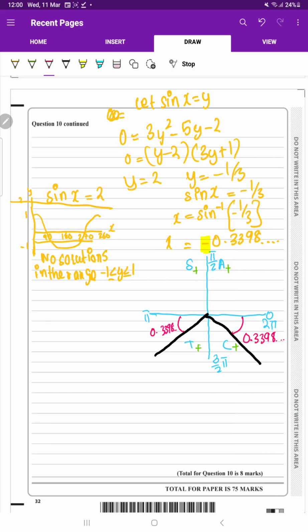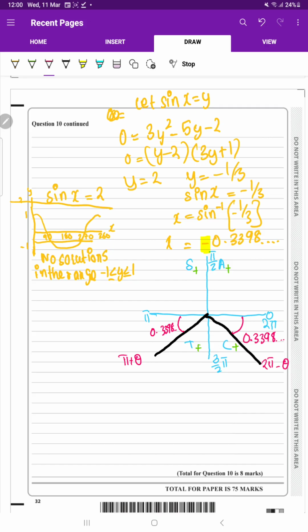Basically over here, this angle is going to be pi plus theta, and this angle is going to be 2 pi minus theta.